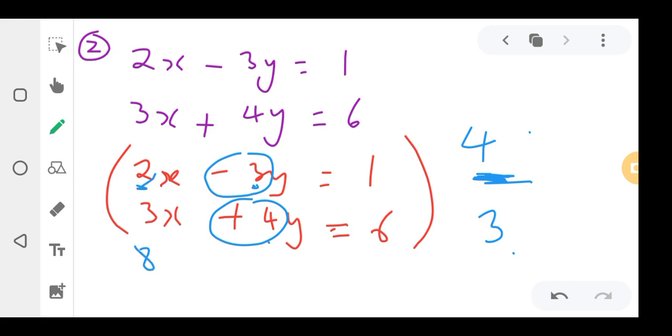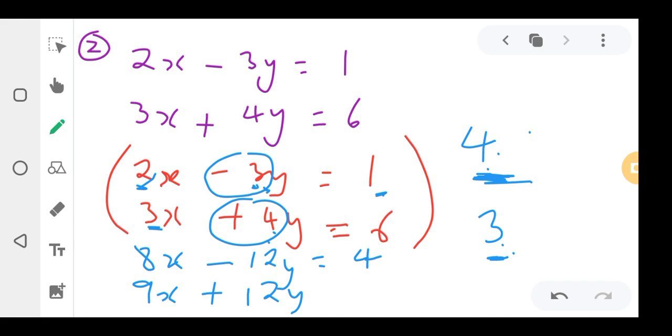It is 8x minus 3 times 4, it's 12, so 12y is equal to 4 times 1, it is 4. And then also 3 here times the 3 inside the brackets, it's 9x, minus 4 times 3, it's 12y, is equal to 3 times 6, it is 18.